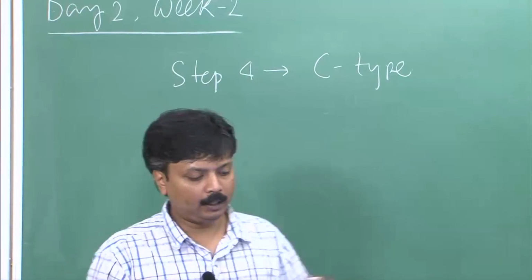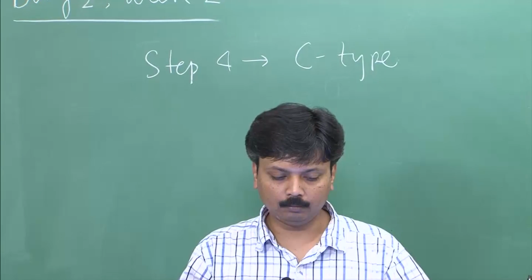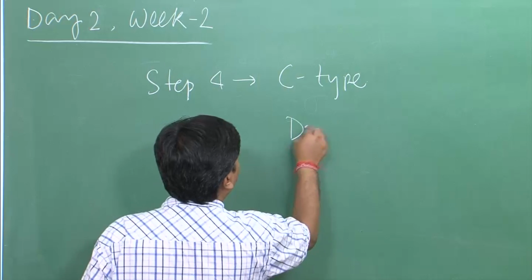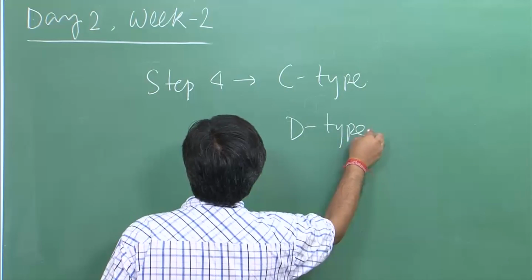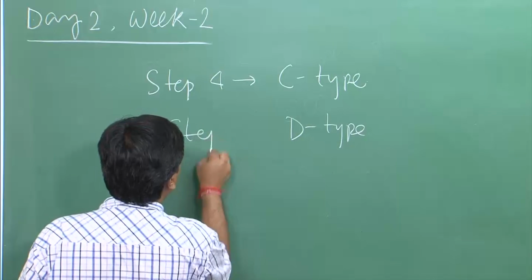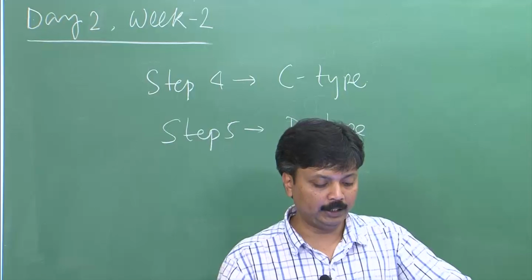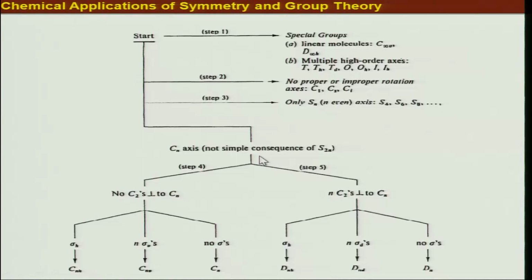And when you find that there are n number of C2s perpendicular to the Cn, you have a type of group which is D type. So the D type of group will come from step 5.